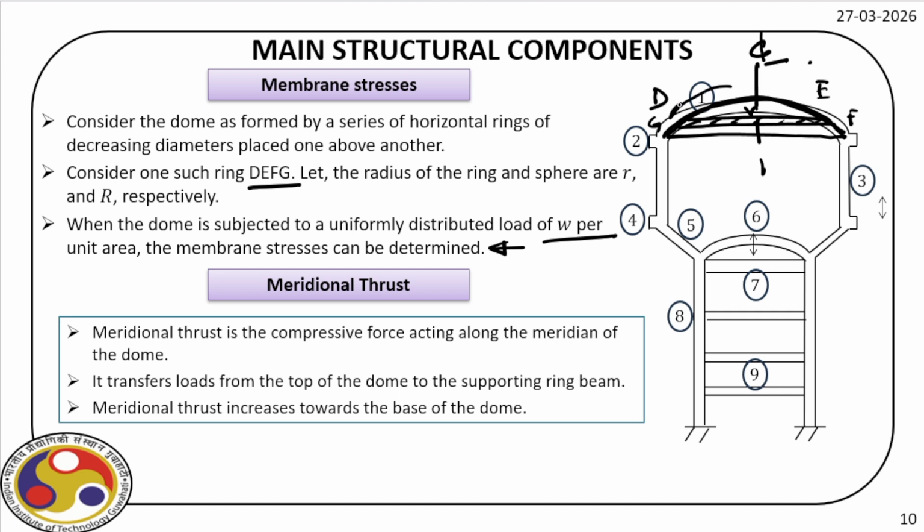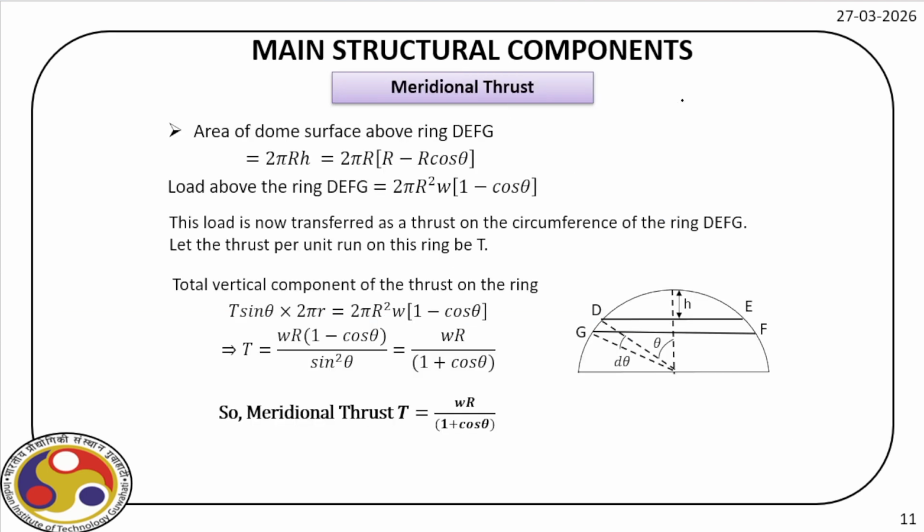So it goes like this. Meridional thrust increases towards the base. Obviously, the whole load is transferred to this ring beam. So as we go towards the ring beam, it transfers the full load and hence the full stress.